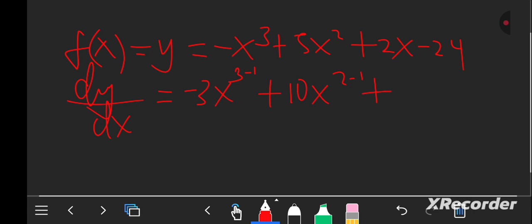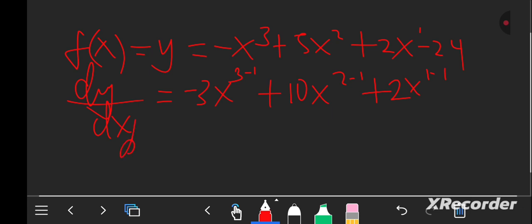Then we have just x, meaning that the power is 1. So 1 multiplied by 2 gives 2. Then x to the power 1 minus 1, 1 minus 1 is equal to 0. Any number raised to the power 0, except 0 itself, is equal to 1, even if you don't write it. Then the derivative of any constant is just equal to 0, so no need to write it.